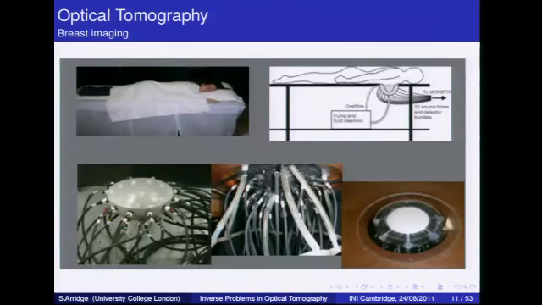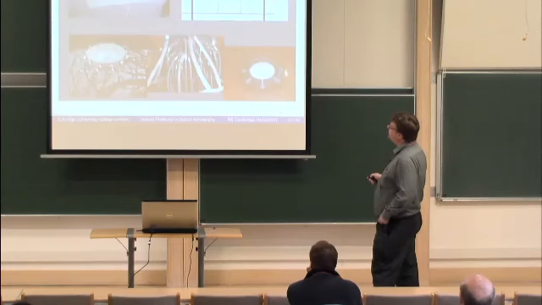And then slightly later came another application which of course had a bit more influence because breast cancer is a much more prevalent medical condition. It's given a high priority. It's the cancer being the second highest cause of death after heart attack. Sorry, Bill. And this shows a patient lying, the same arrangement with the fibers rearranged into a cup and the patient lying, the breast inside this cup.